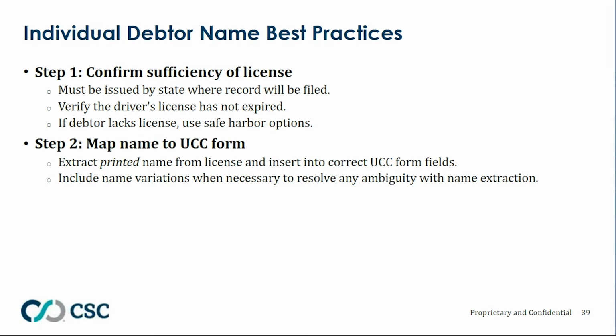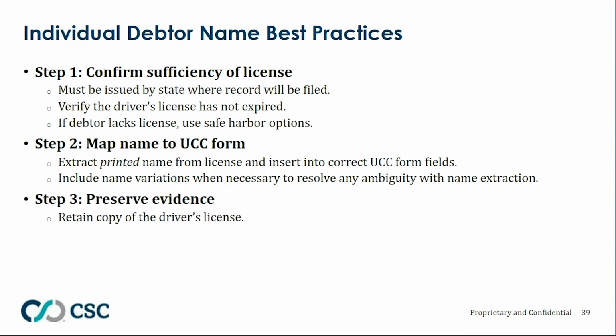If it isn't clear how to extract the name, don't be afraid to provide one or more name variations as additional debtors, so whatever a court later decides was correct actually makes it onto the financing statement. And finally, preserve evidence. Keep a copy of the driver's license so that if you ever have to prove what the name was at the time of filing, you've got that driver's license copy. Because driver's licenses are not public record, not every DMV maintains an audit trail that you can show when it was changed.